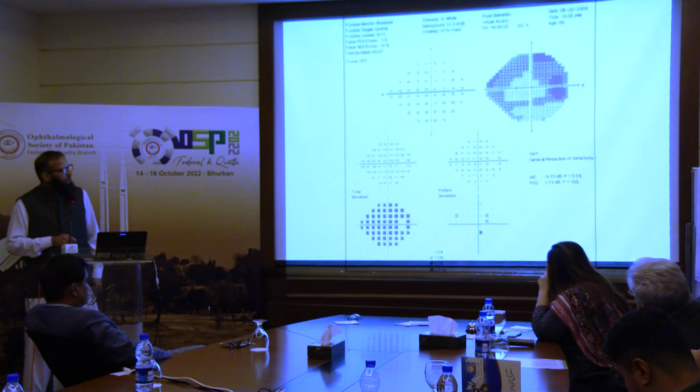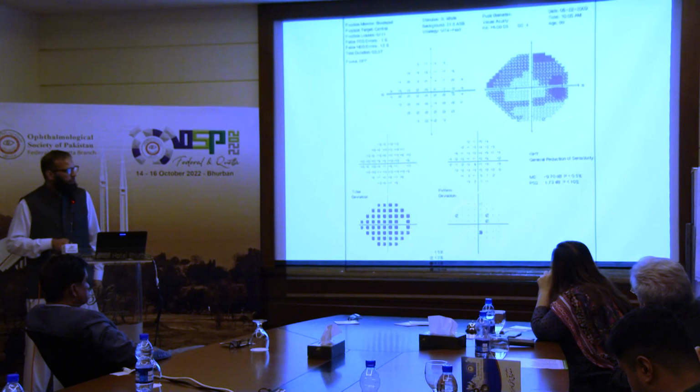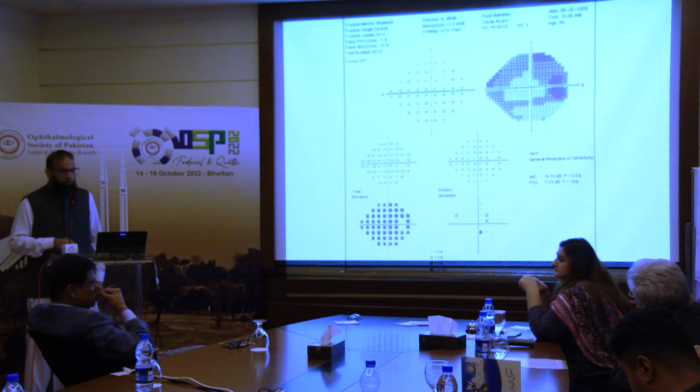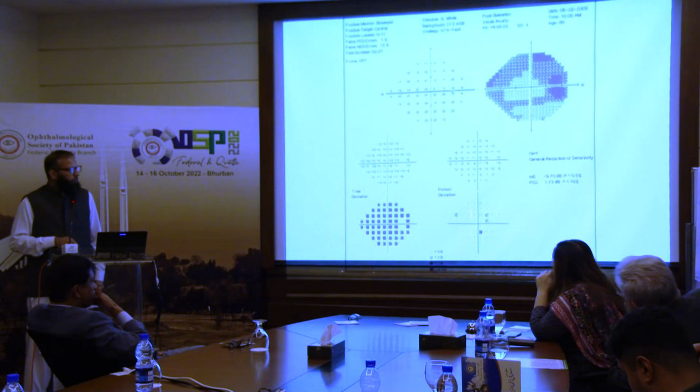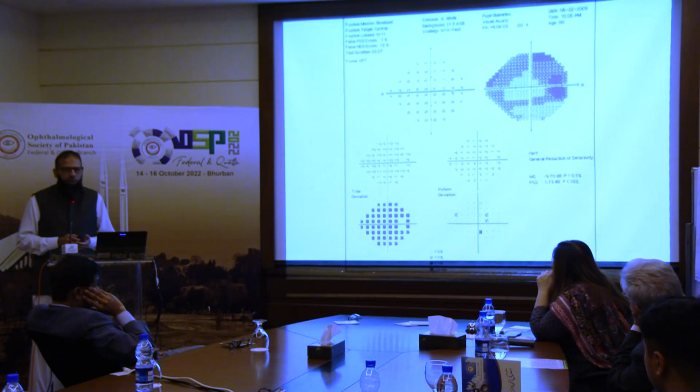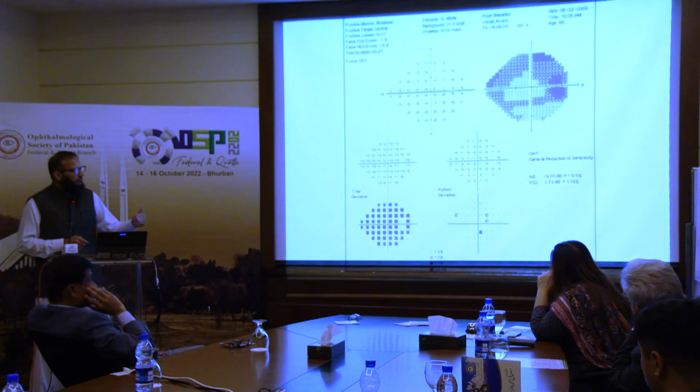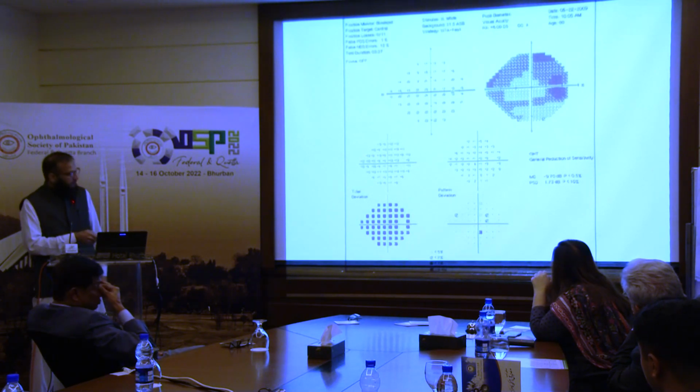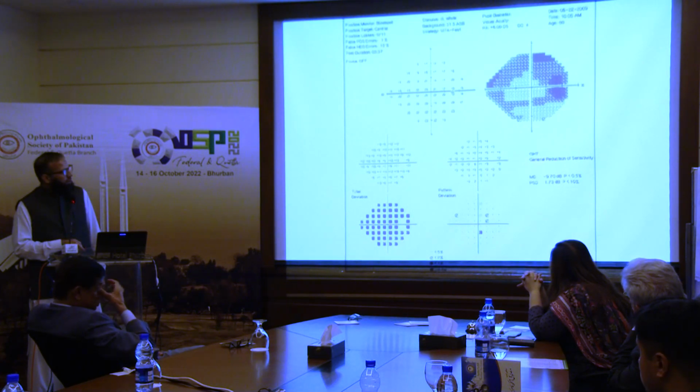So whenever we see this condition, that the gray scale and total deviation plot are darker as compared to the pattern deviation plot, this means that there is more generalized depression in the hill of vision as compared to conditions that result in localized field defects. The test also writes here: generalized depression in sensitivity.